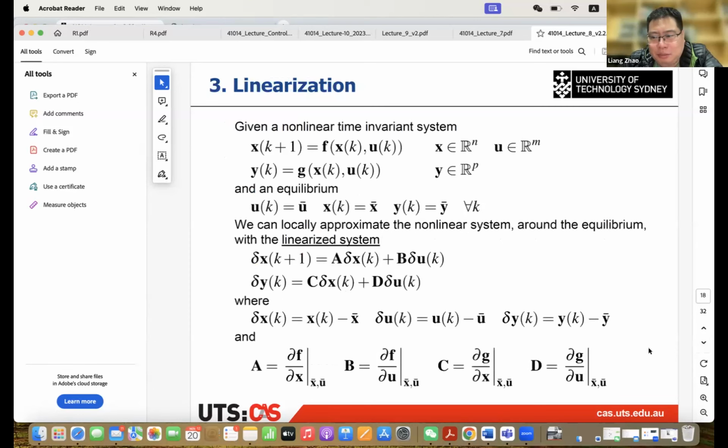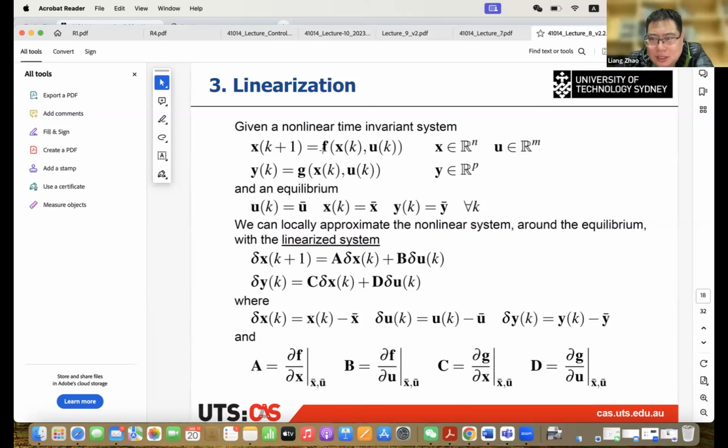I give a very brief one here about linearization. Suppose we have this standard formulation: x_{k+1} = f(x, u), and y_k = g(x, u). To calculate the A, B, C, D matrices for the linear discrete-time system, the A matrix is the partial derivative of f with respect to x.